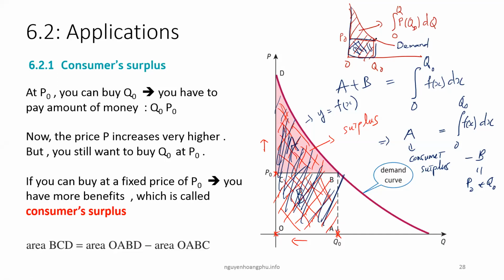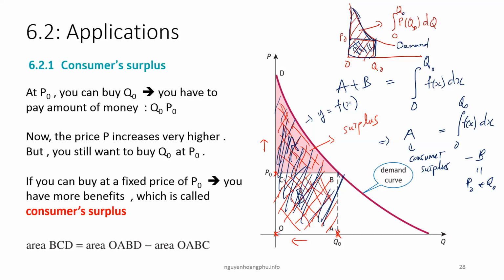Cái phần diện tích này nó chính là cái phần integration từ 0 đến Q0 của cái bên trong cái hàm này chính là demand function theo Q.